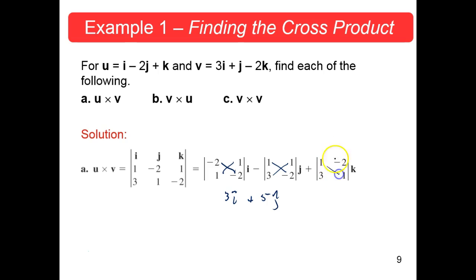And then this one would be 1 minus negative 3, but minus a minus is plus, so that would be plus 7k. All right, and that's the same answer we got before.